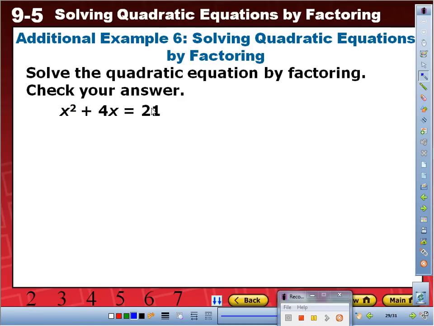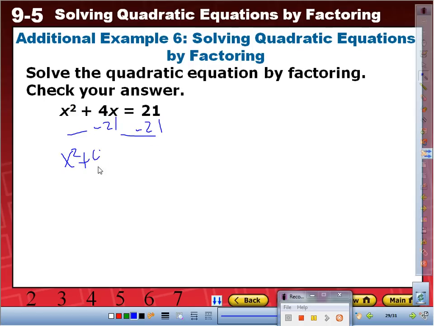And the other side has to be equal to 0. So what do we need to do here? Subtract 21. We're left with x squared plus 4x minus 21 equal to 0. And the rest is pretty much just a variation of all that. There's no y because we already made it into 0.